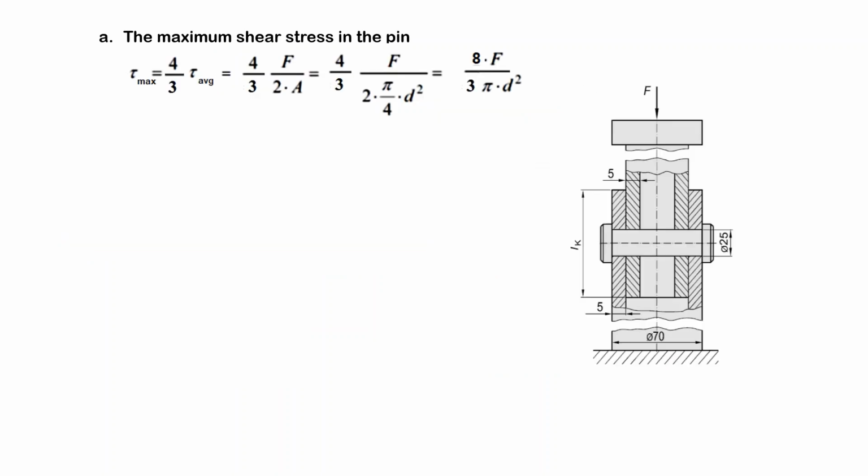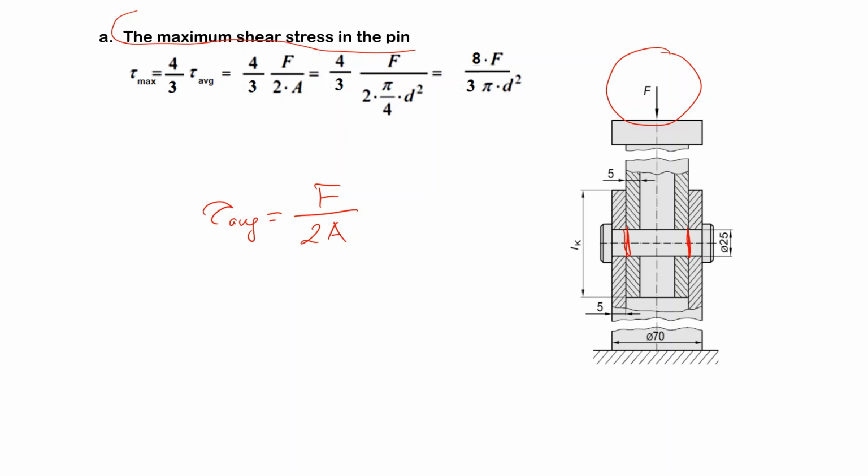Okay, let's start with the maximum shear stress in the pin. Here we have our shear force, and these two sections are under shear stresses. And how do you calculate? Let's try to find the average shear stress, which is the force divided by 2 times the area.